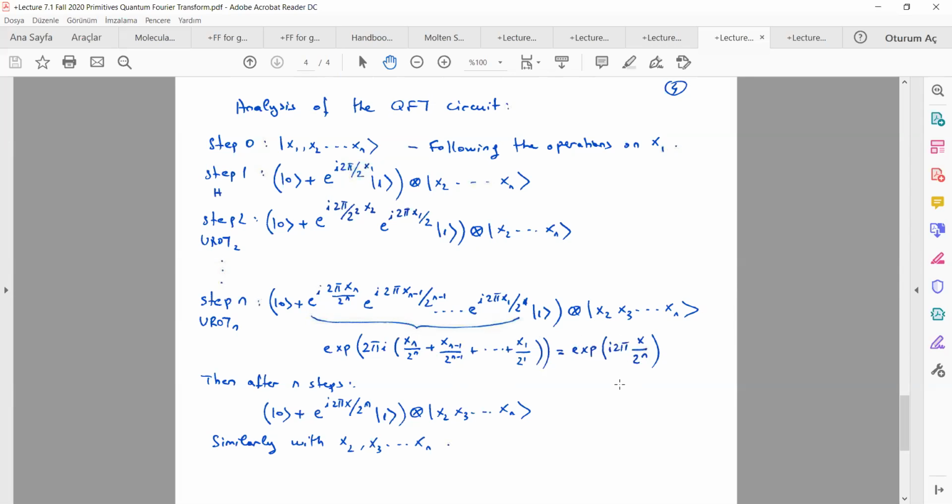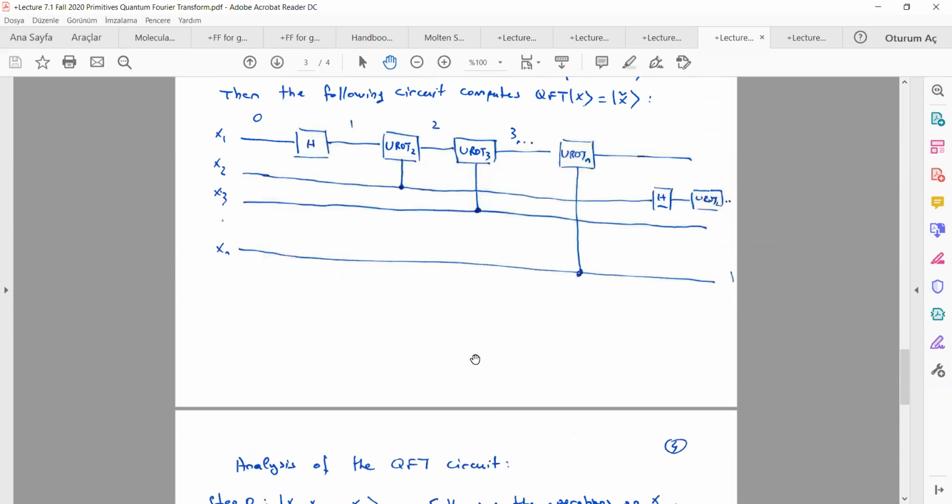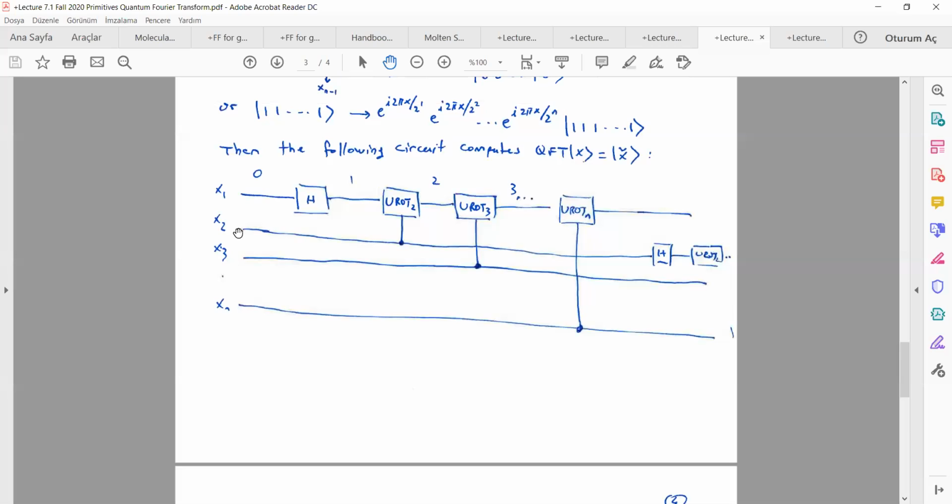So after n steps, as we have seen, when we apply the Hadamard and then U_R1, U_R2, up to U_R n to the first qubit, we obtain ket 0 plus e to the i 2 pi x over 2 to the n ket 1, tensored with x2, x3, up to x sub n. All the remaining qubits remain the same. But then we do the same thing for x2, x3, up to x sub n, the same operation on the other qubits.